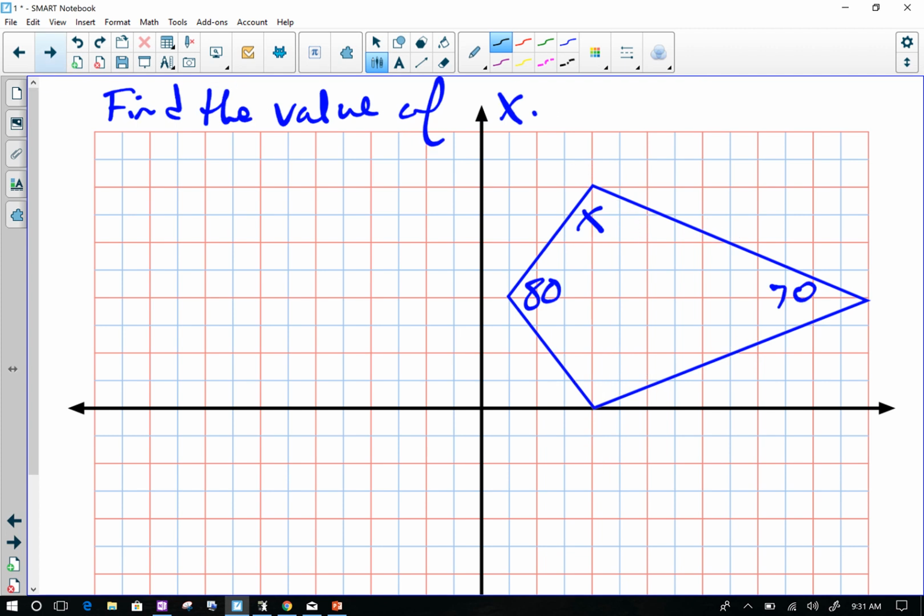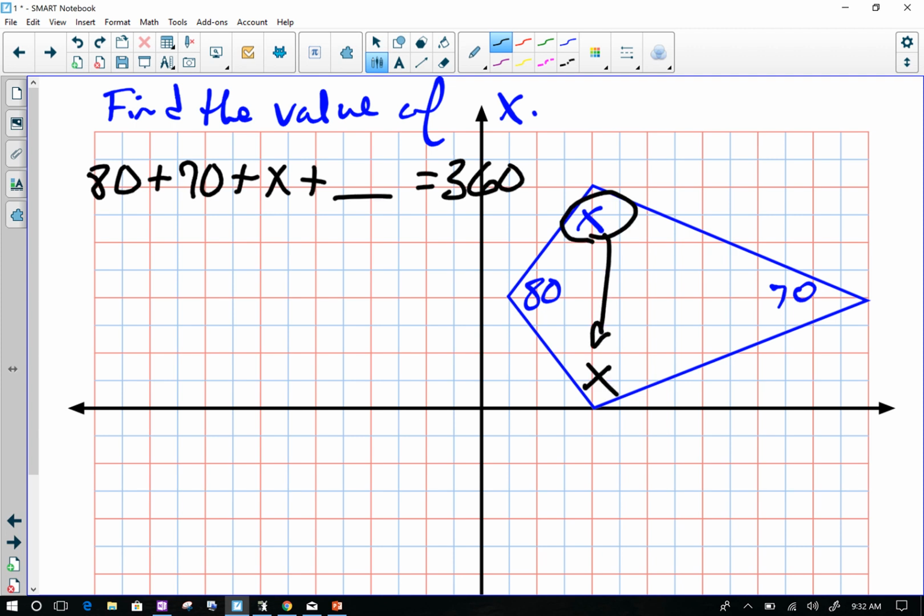So here we're going to use that property. We need to find the value of x, and we're working with the angles. We have to remember that the angles of a quadrilateral always add up to 360 degrees. So what we would do here is start off with 80 plus 70 plus x plus our other angle has to equal 360 degrees.